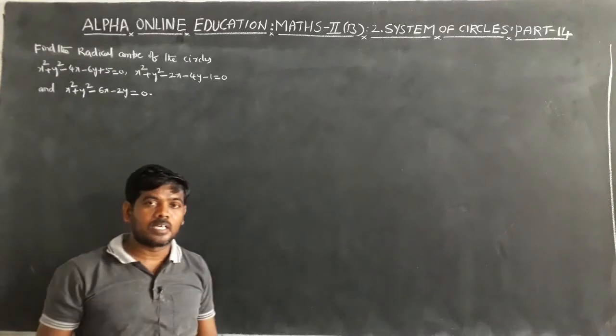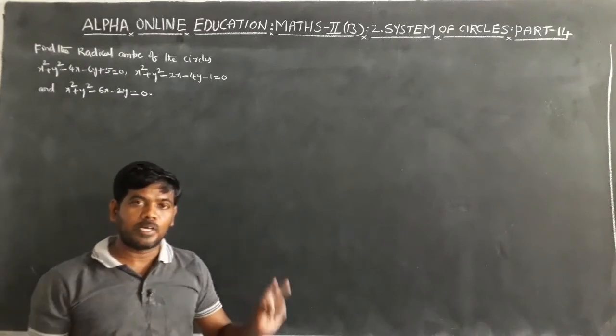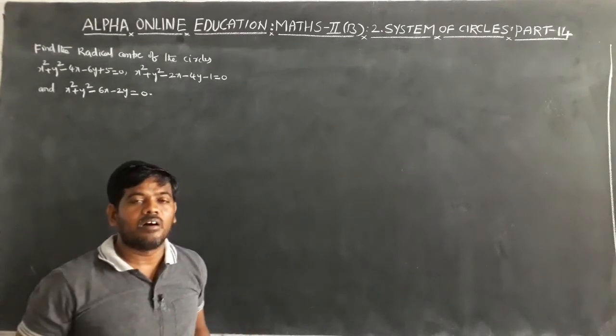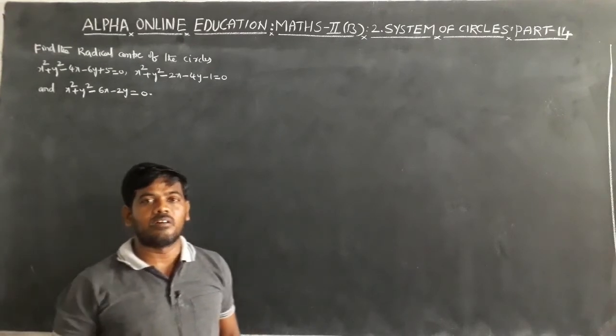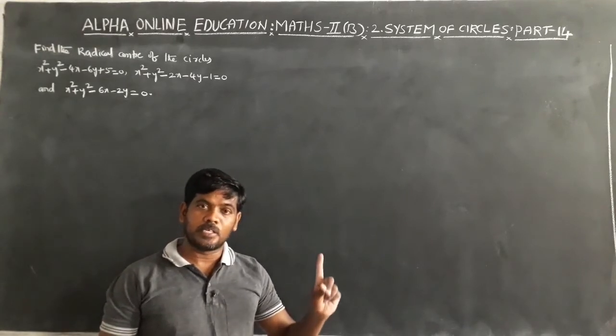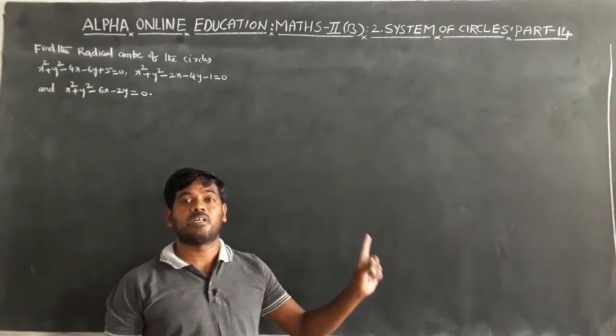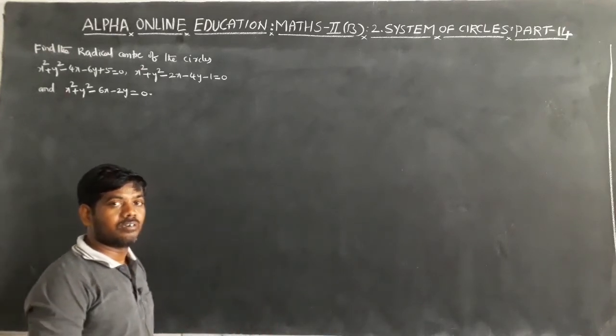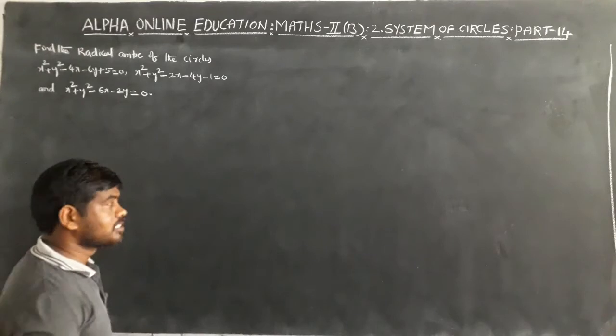The point of intersection of the radical axes of the circles is called the radical center.